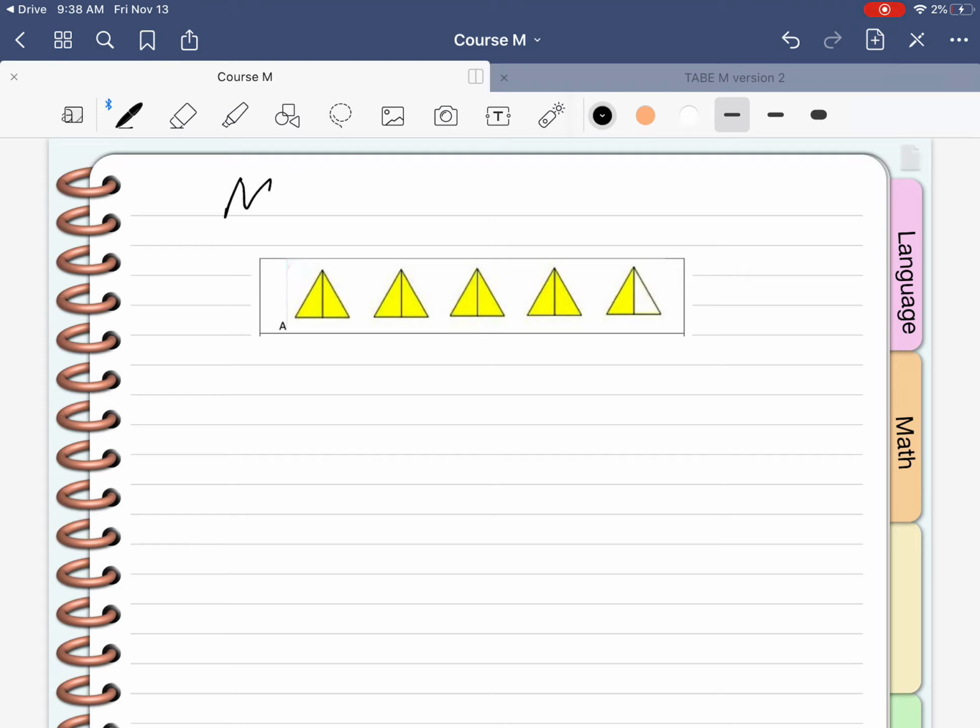And I want to just make sure that you understand not only what mixed numbers and improper fractions are, but how they relate to each other. That's really the point of this video. So mixed numbers and improper fractions.